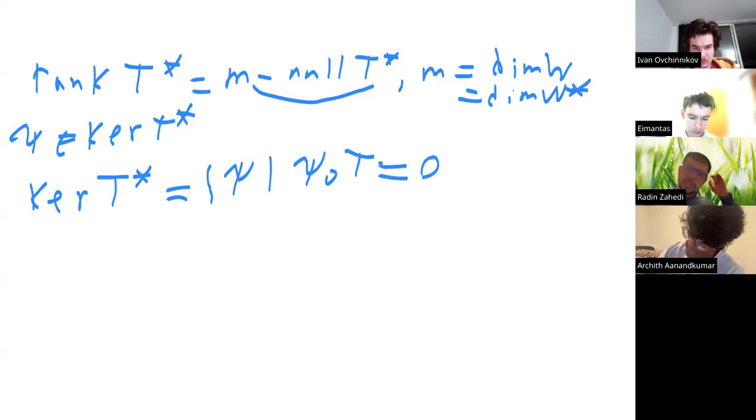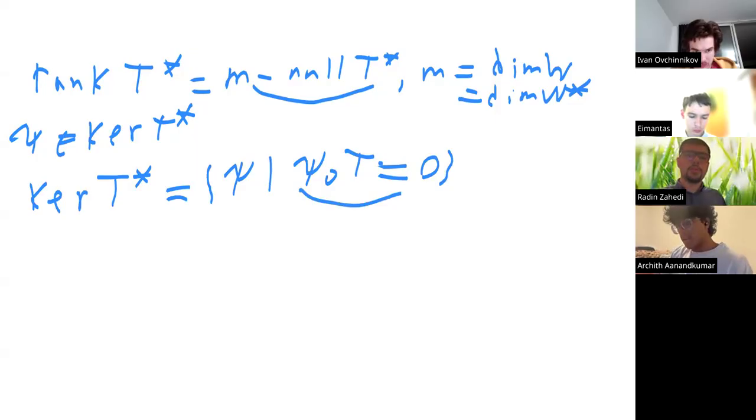So let's see what this interpretation means. What does it mean for a linear functional's composition with T to become the zero linear functional? Let's see how it happens.